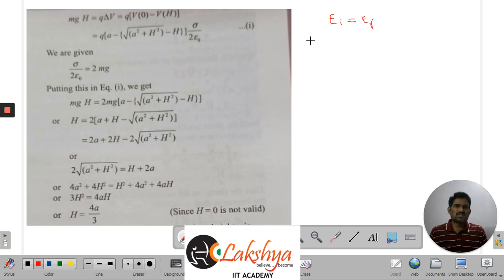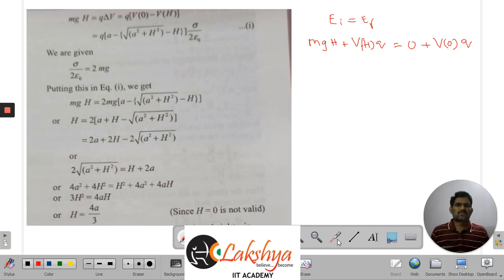So initial energy is nothing but mgh, gravitational potential energy will be there, then V of h into Q, the potential at a height h. This is equal to final energy: gravitational potential energy is 0 and electrostatic is V naught into Q. This is the potential at the center.